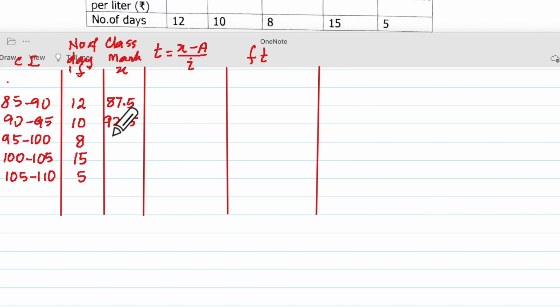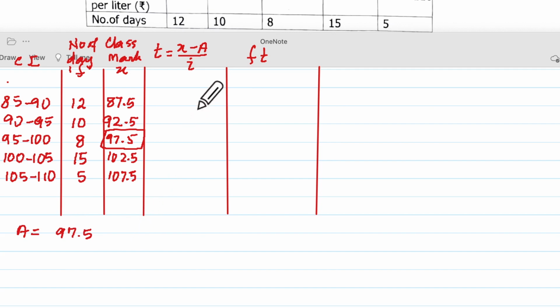Yes, I'm sorry, 92.5. This will be 97.5, 102.5 and 107.5, correct? Okay. Now the mid value, let us take this here. This is your A. So I'll write A is assumed mean, which is 97.5. Agreeable to you?